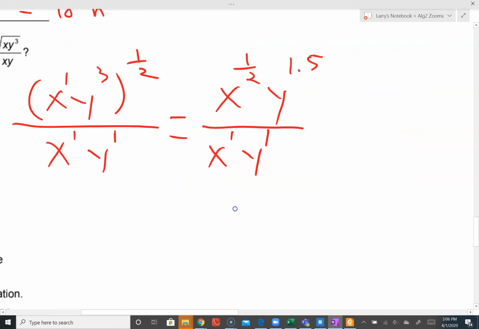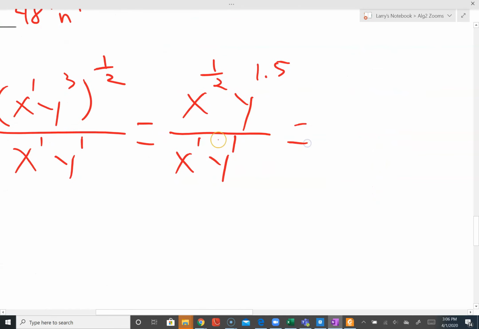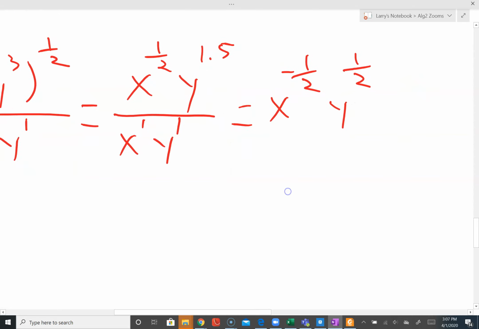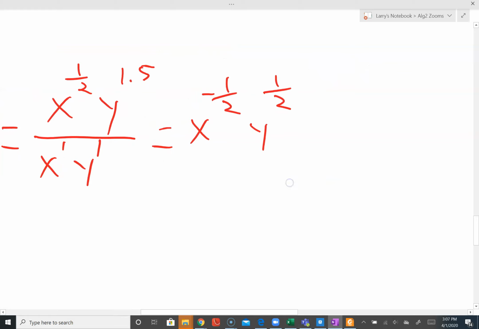Now I'm going to use the quotient rule. The quotient rule says when dividing we subtract exponents. So 1/2 minus 1 is a negative 1/2. 1.5 minus 1 is a positive 1/2. Lastly, the negative exponent rule says anything to a negative power, I can take the reciprocal of it.